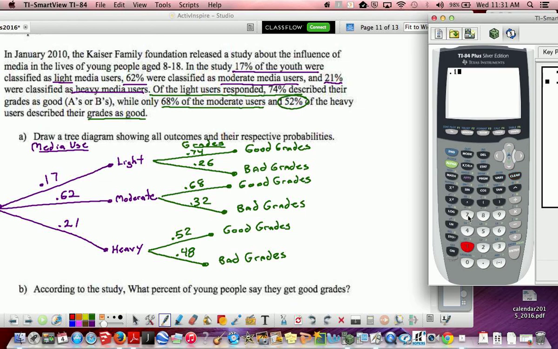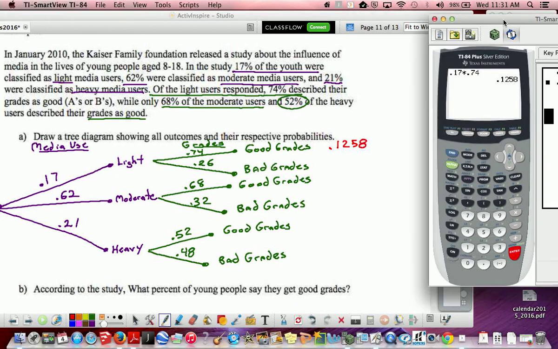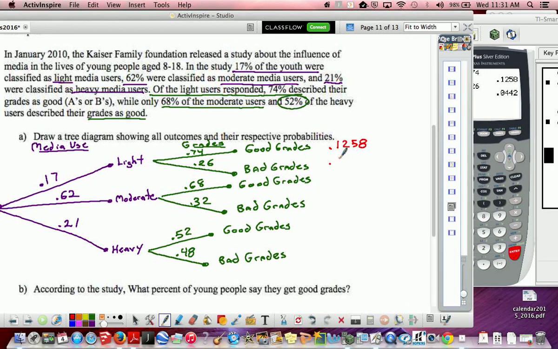So 0.17 times 0.74. We get 0.1258. Then 0.17 times 0.26, 0.0442.